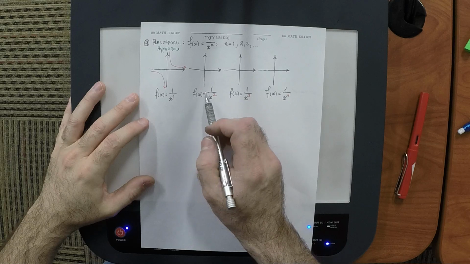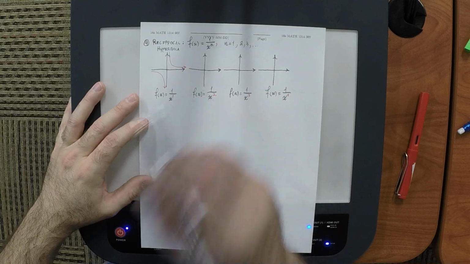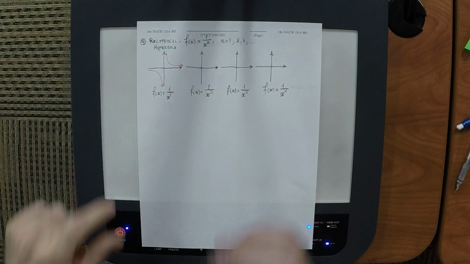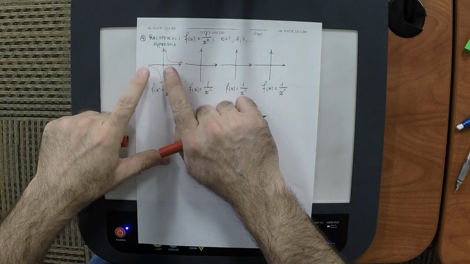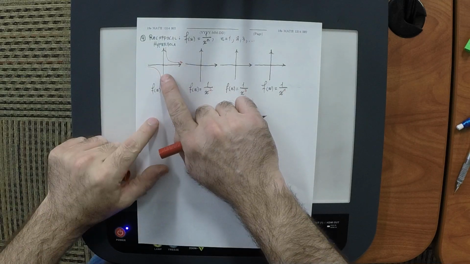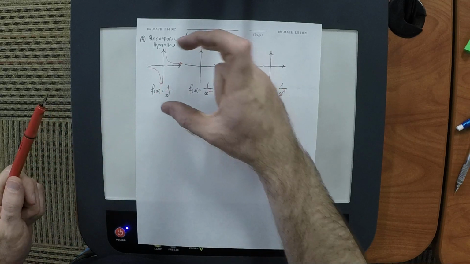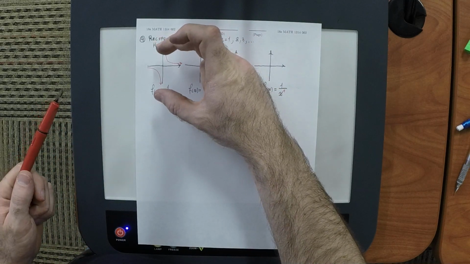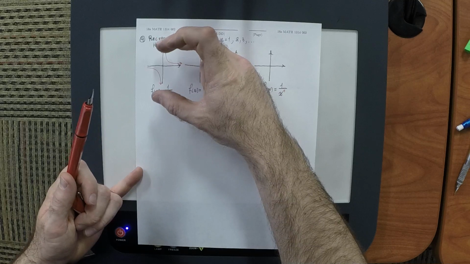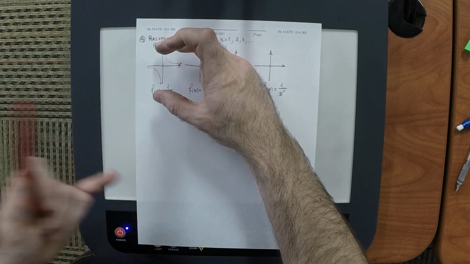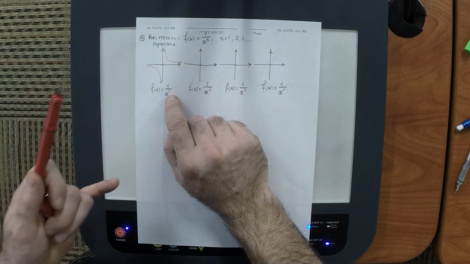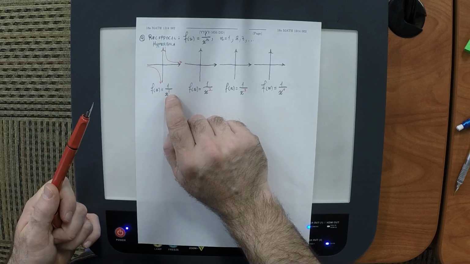Fine. We also did this one last time, so I'll plot it. How is it going to be like this one? Well, it's still going to have this crazy behavior at 0. Conceptually it's happening because you're getting near a division by 0.